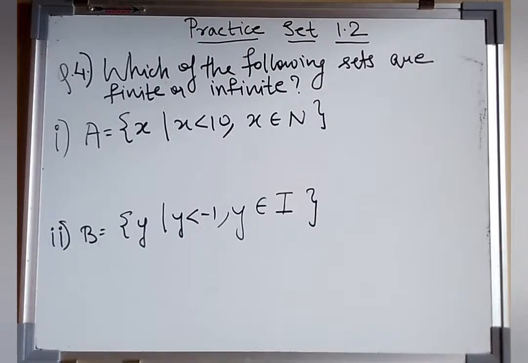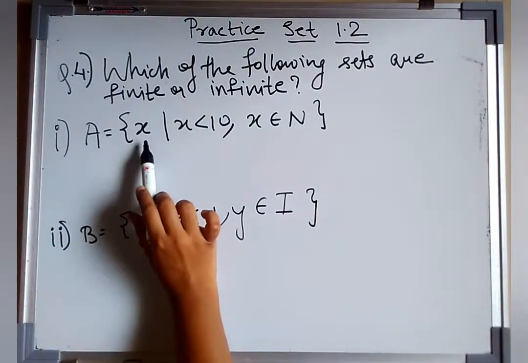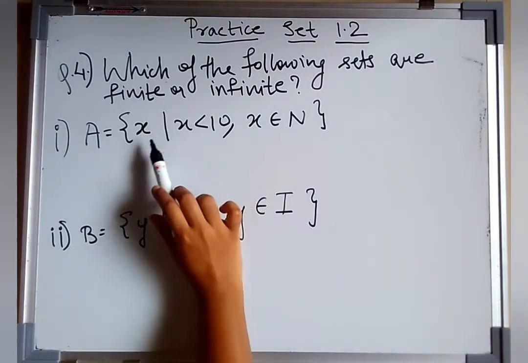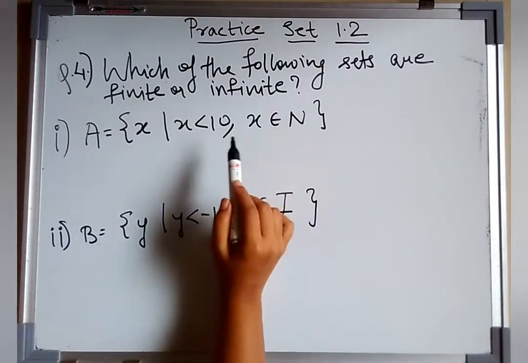Okay, the next question says we have to decide which of the following sets are finite or infinite and give reason for it. The first sub question is set A, the set of all x such that x is less than 10 and x is a natural number.